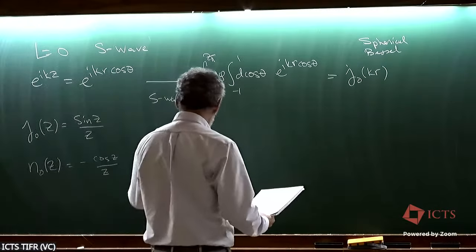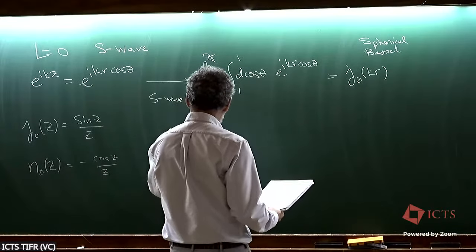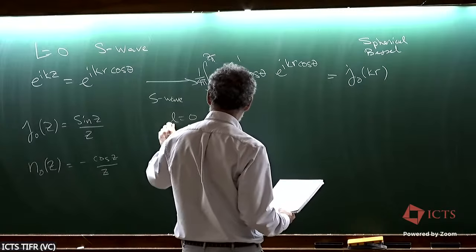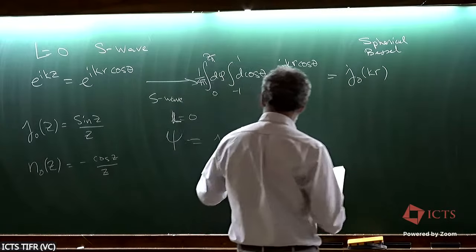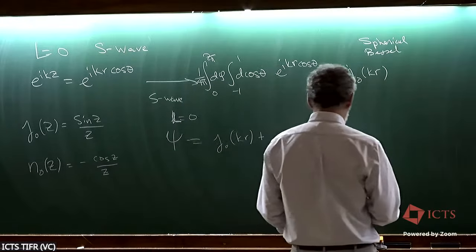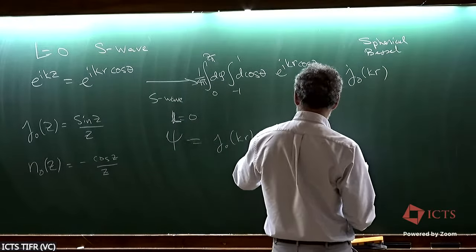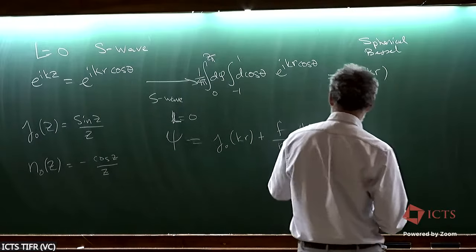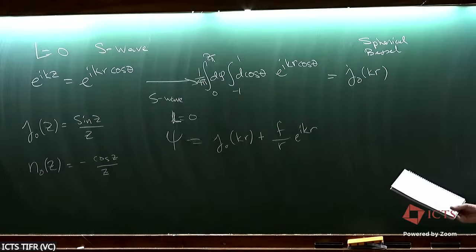So we can write our psi is equal to J0 of kr, this is L equals 0, plus f over r e to the ikr. There's no theta dependence for the L equals 0 wave.